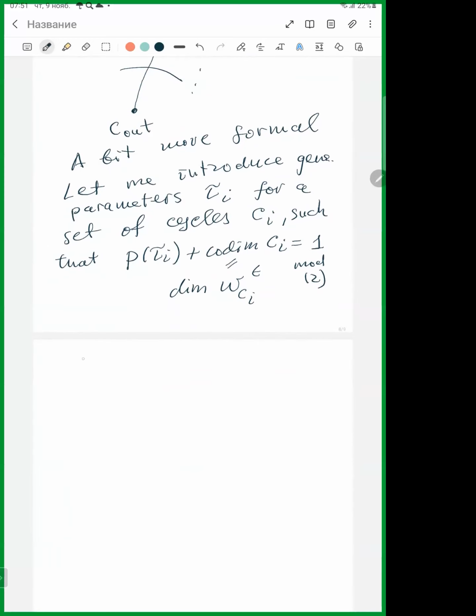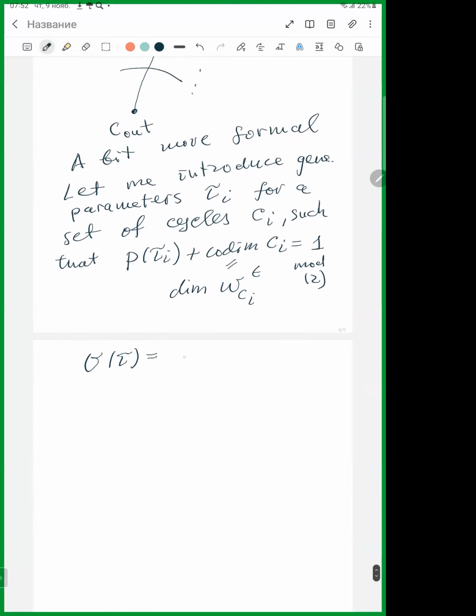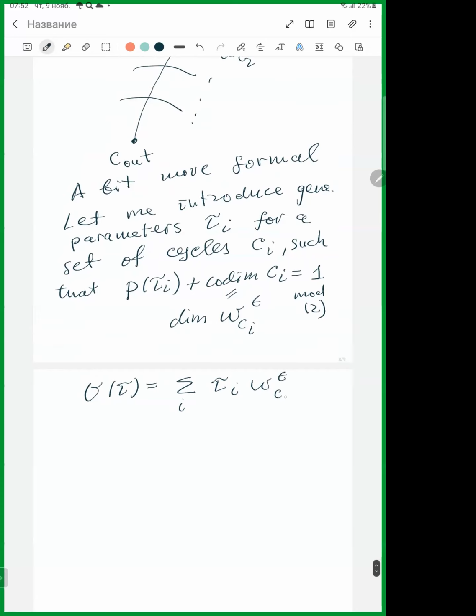Let me introduce the object O of tau. That is the sum over i of tau i omega epsilon Ci.